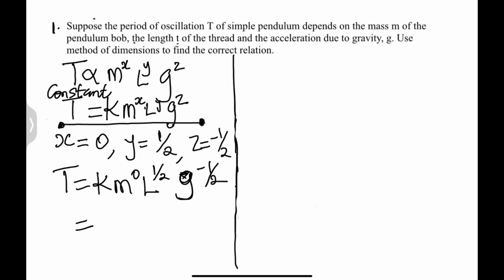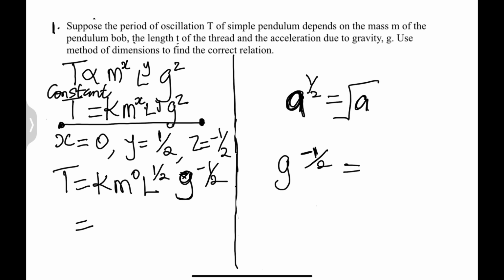Law of indices will tell you that anything raised to power half is going to be put inside a square root. Then this minus sign here will just tell you that you're going to have a square root, but this time around it will be in the denominator. See what I mean? You're going to have g.